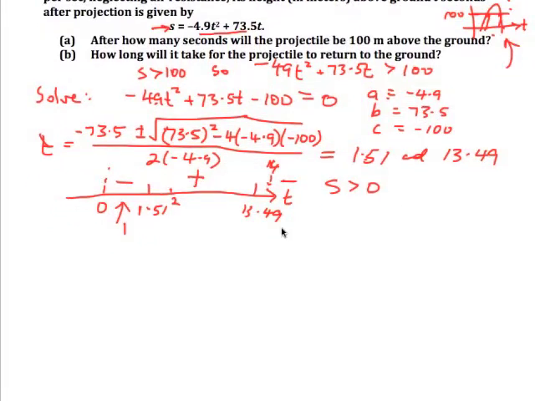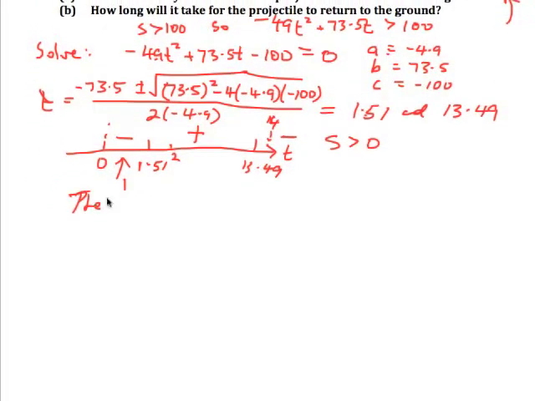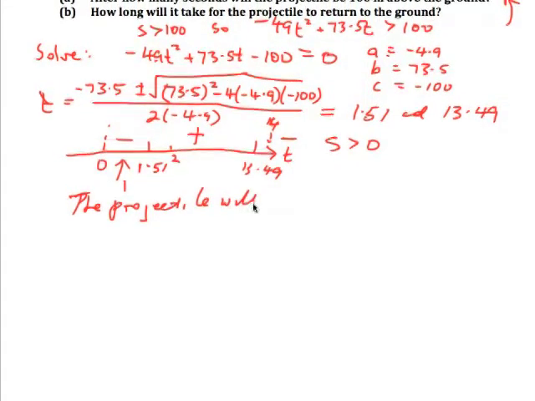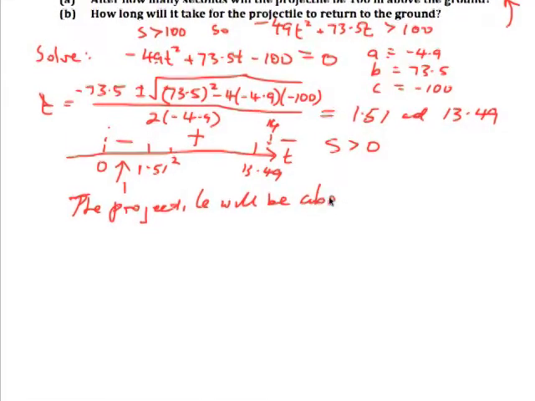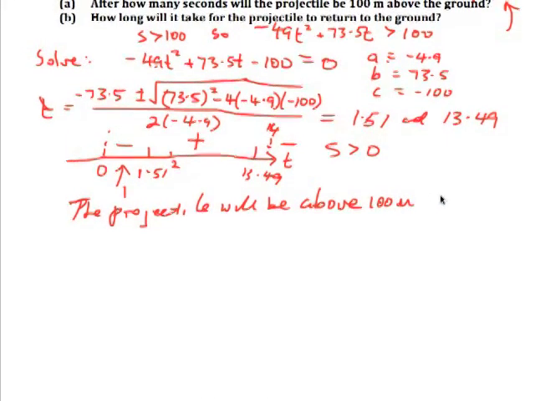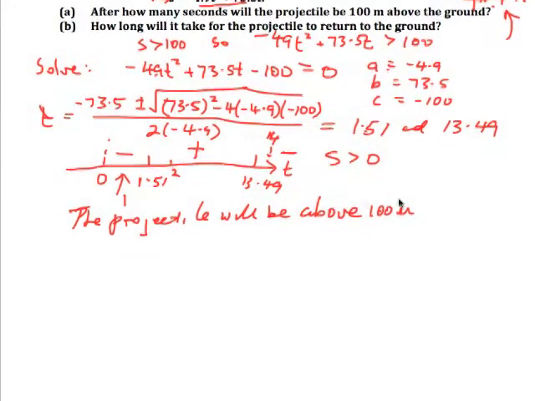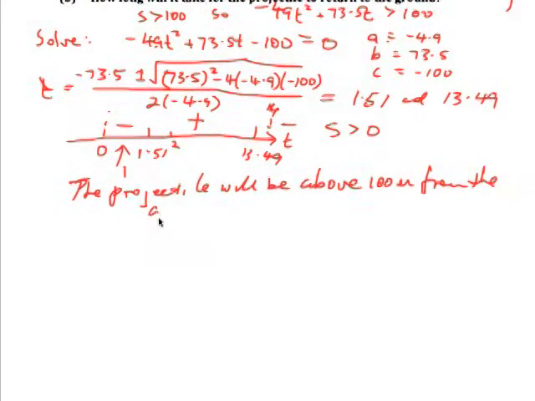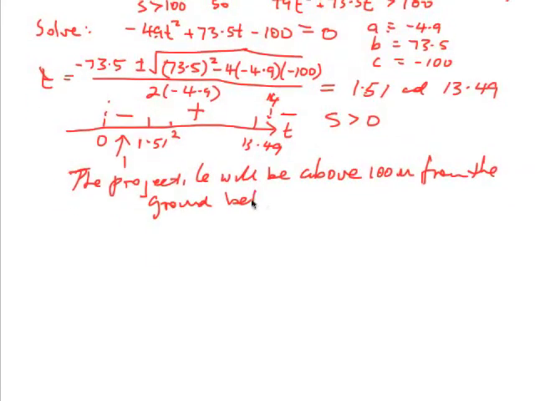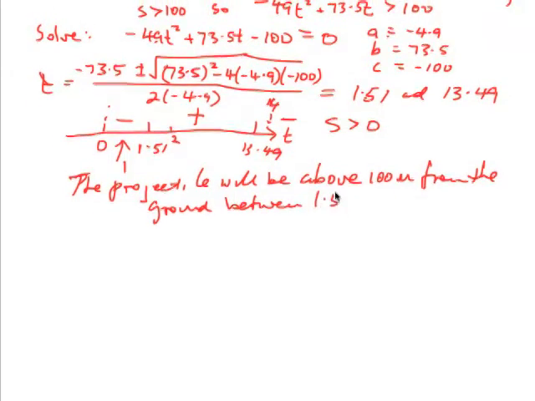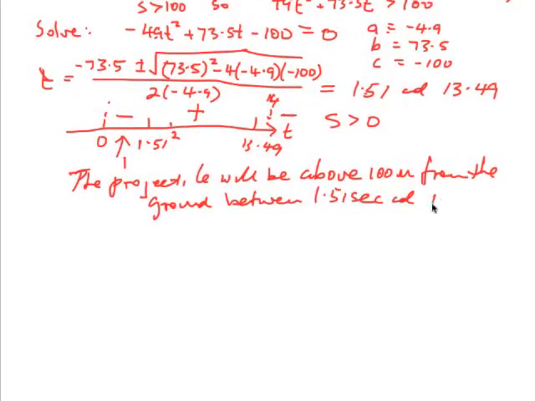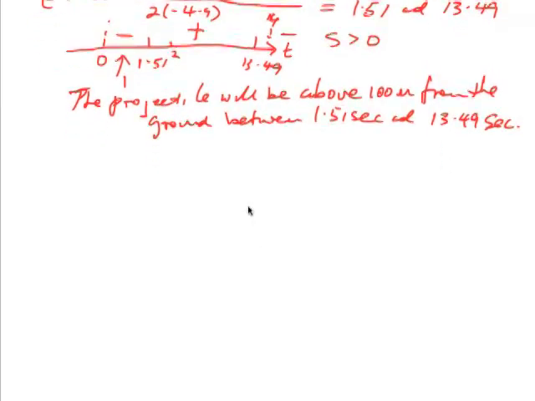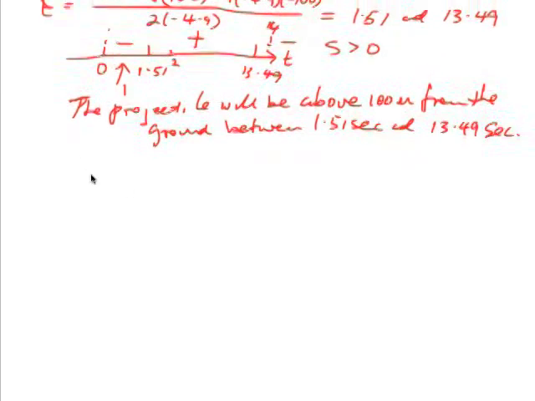And so the projectile will be above 100 meters from the ground between 1.51 seconds and 13.49 seconds. So that's how we do that.